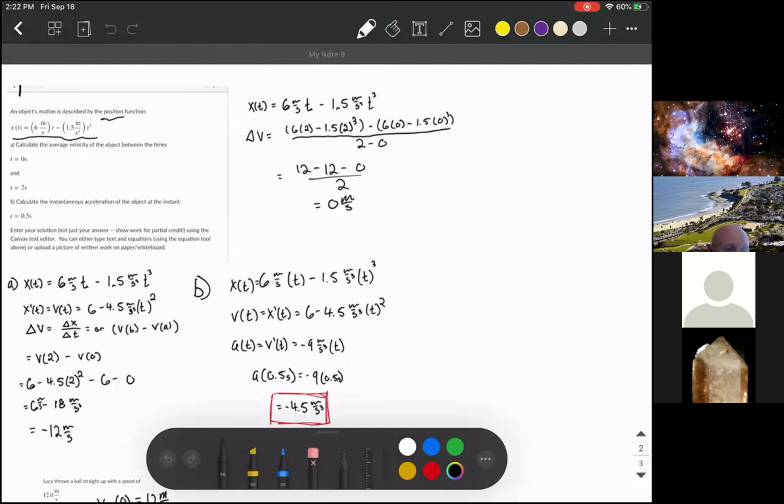I see. So then this one would be right, because he says the average velocity, and the average velocity would be just the change in distance divided by the change in time. Yeah, and that's what you did in the one where you got 0 for the answer. Right, change in position.